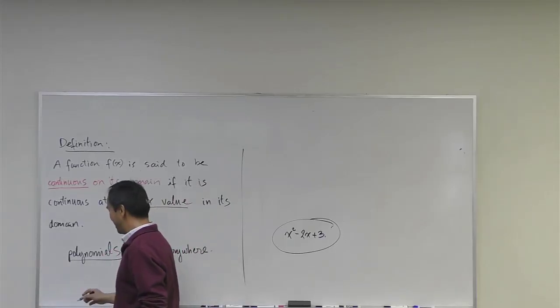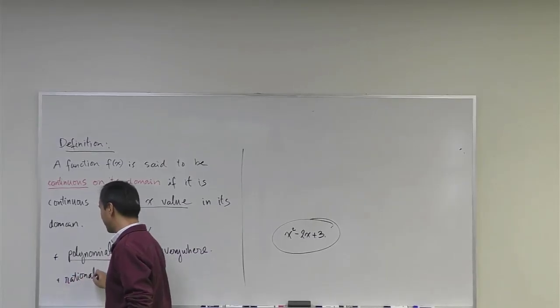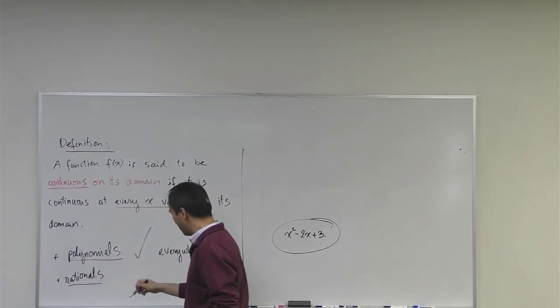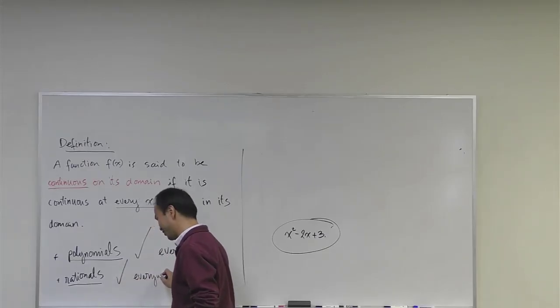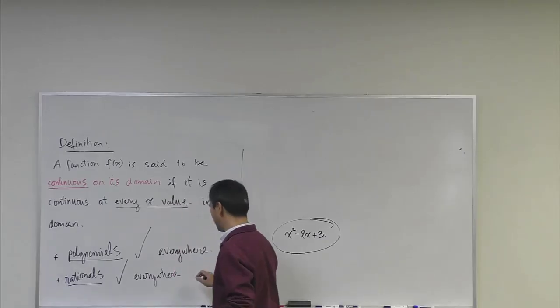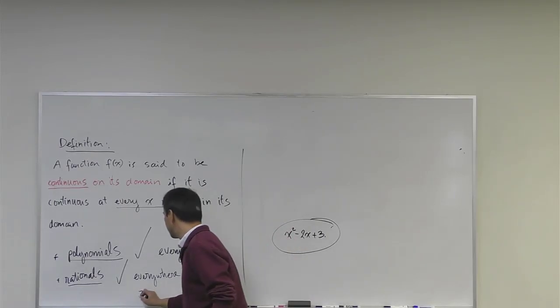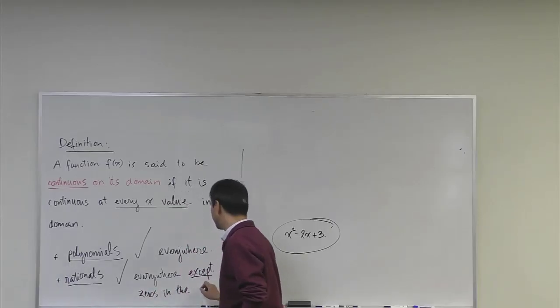You guys also learned about rational functions back in your pre-calc 1 days, right? Those are a polynomial divided by a polynomial. So rational functions are also continuous everywhere. It sounds a little dangerous, right? Everywhere except, there are exceptions, right? Except the zeros of the denominator.